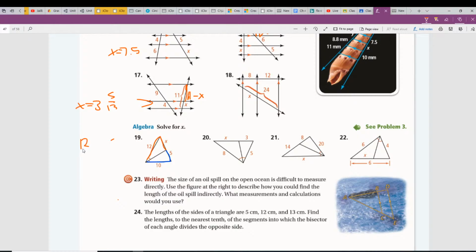So basically what we have here is 12 divided by 10, or 10 divided by 12, is equal to x plus 5. Remember, we're going the right way. Oops, nope, wait, that's not it, because we're going 12, 10, and we're going x, 5, so x divided by 5. So 60 equals 10x. X equals 6. X is equal to 6.